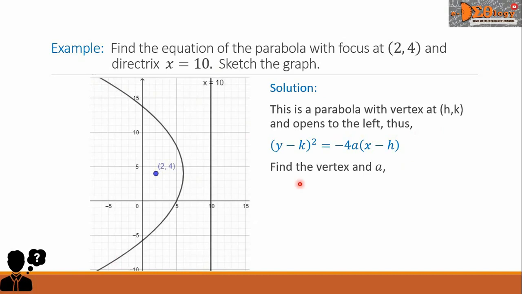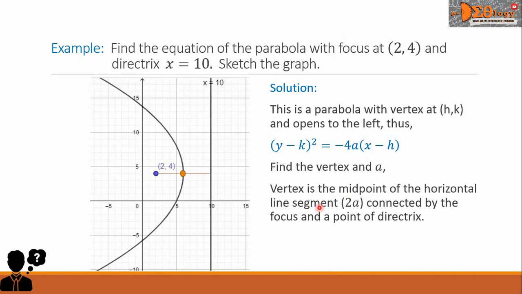Next, we're going to find the vertex and a. Please note that vertex is the midpoint of the horizontal line segment. We denote this as 2a, this is the line segment connected by the focus and a point of directrix.